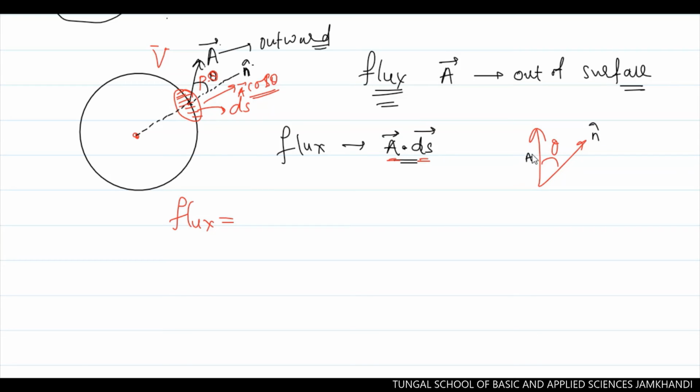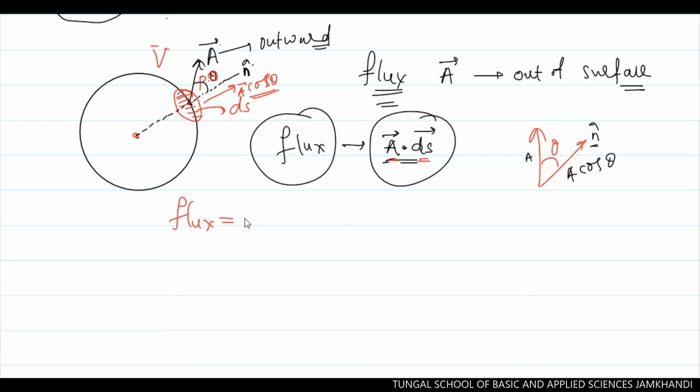It means if this is the A vector, this component is A cos theta. Now if you take the dot product of this ds small area and the vector, that is defined as flux, meaning the physical quantity which is coming out of the particular defined area ds, and it should be in the direction of the normal to that surface only.